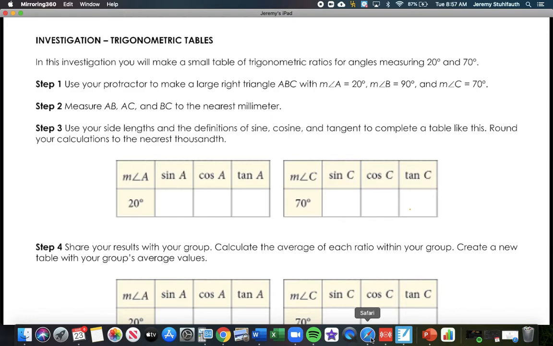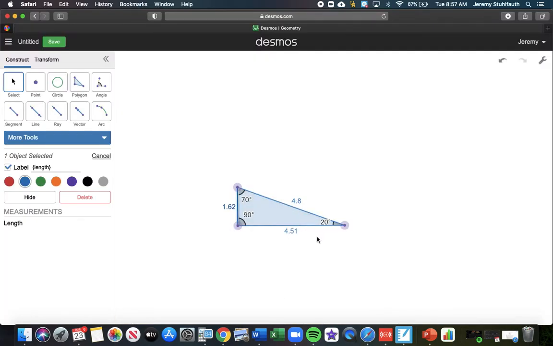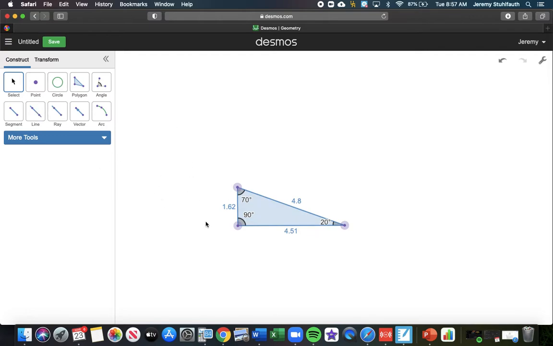So we're going to make a right triangle on Desmos, so a 90-degree angle, and it has a 20-degree angle and a 70-degree angle. Your numbers do not need to be the same as mine. In fact, it's best if your numbers are different than mine.